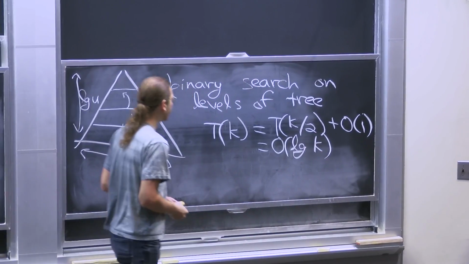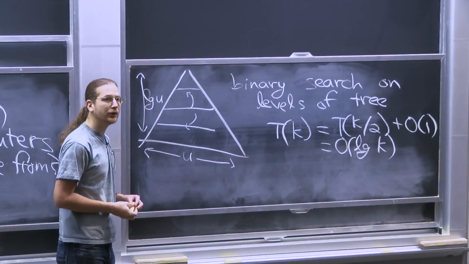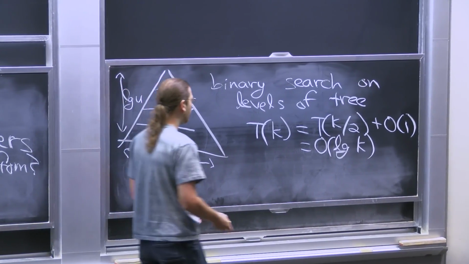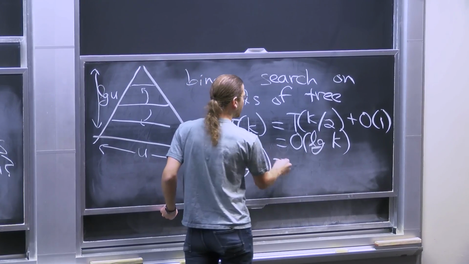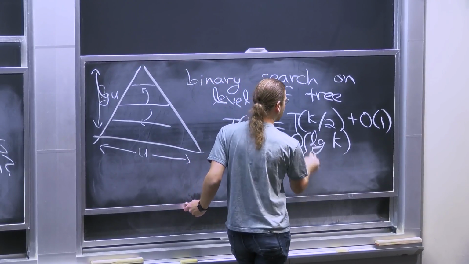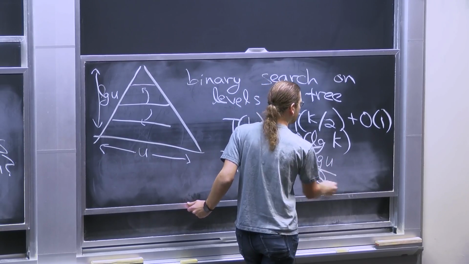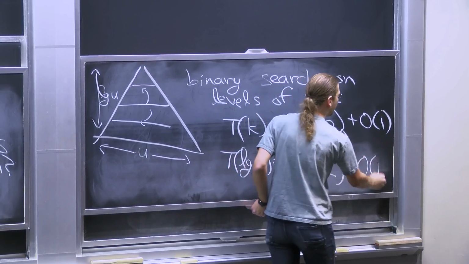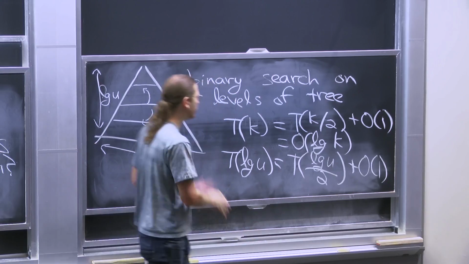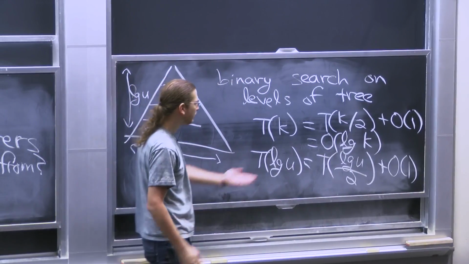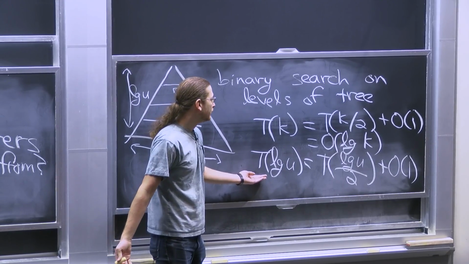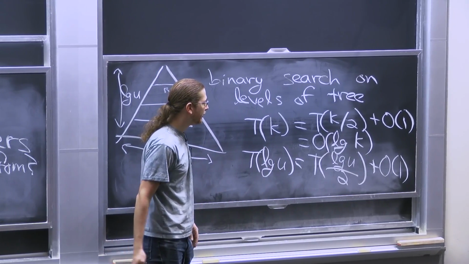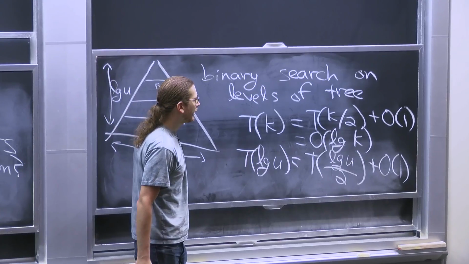In our case, k is actually log u. So we want a recurrence that looks something like T(log u) = T(log u / 2) + O(1). Even if you don't believe in the binary search perspective, this is clearly a recurrence that solves to log u. I'm just substituting k = log u here. So that could be on the right track.